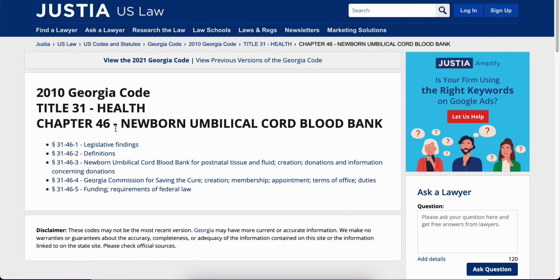Right here, newborn umbilical cord blood bank. Keyword: bank. They're monetizing this stuff. Okay. Legislative findings.